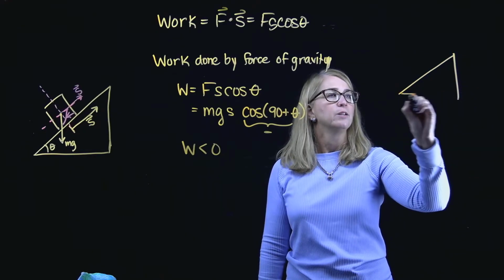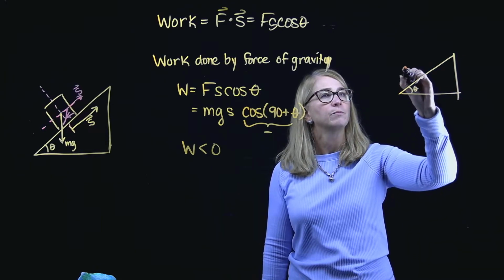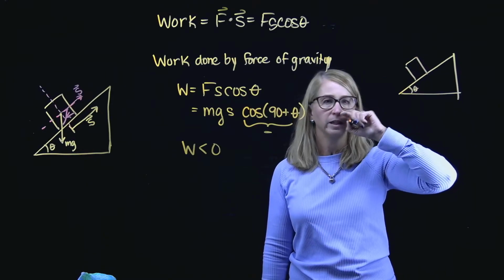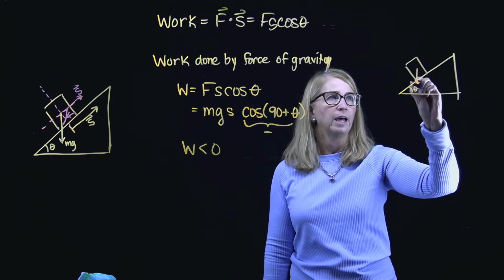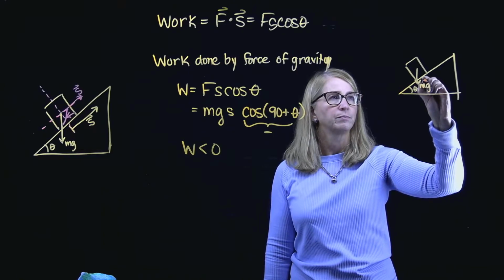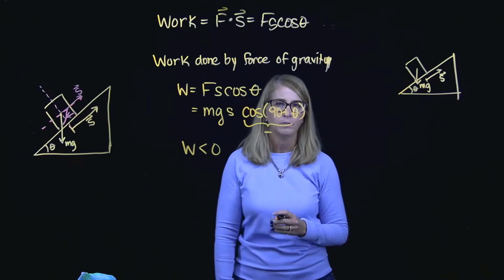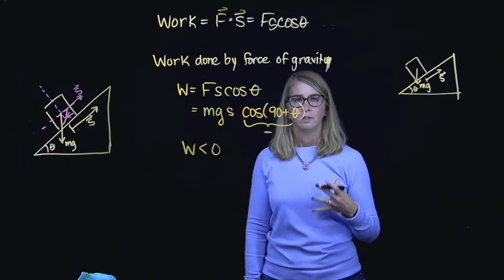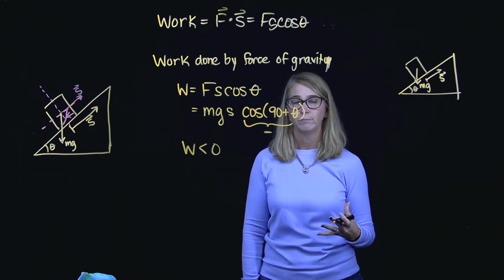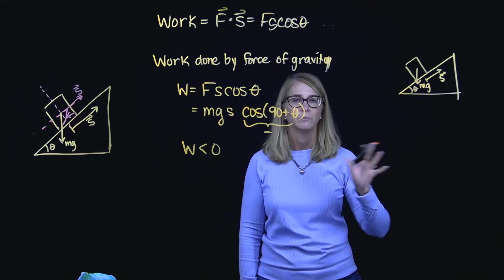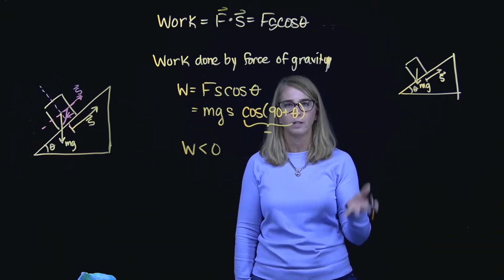Now, another way to approach this, as I said, one way you can think about it is that you're looking at the component of the displacement, the part of the displacement that's parallel to the force.